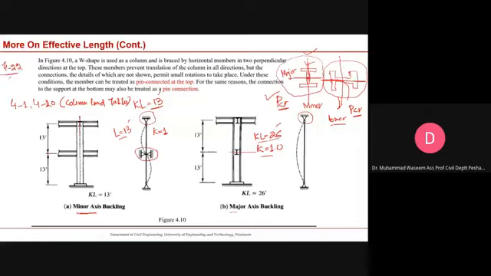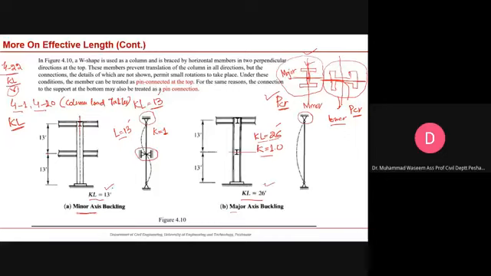In order to use table 4.22, we have to enter the table with this value. In order to use this design aid, we have to use only the effective length, without the radius of gyration in the numerator. So we have two effective lengths, and they have been given.